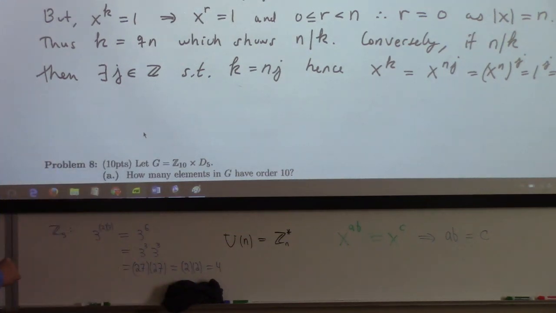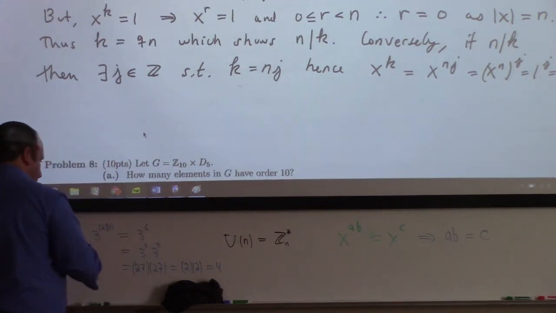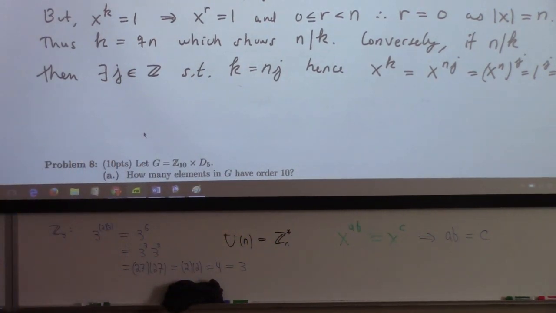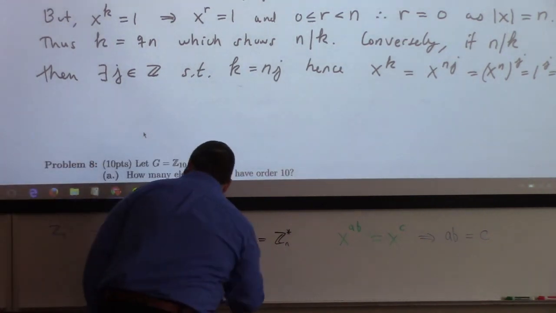Now I need to rewrite that as a power of 3. 4 is equal to what power of 3 mod 5? Help me out. I'm not doing this a very smart way. 3 squared? All right, so that's a great example.